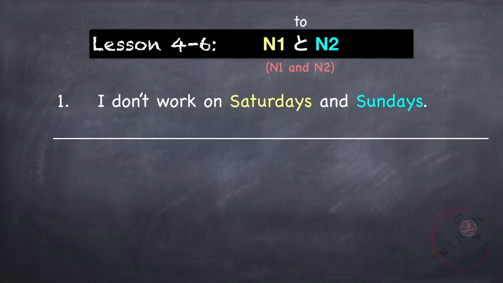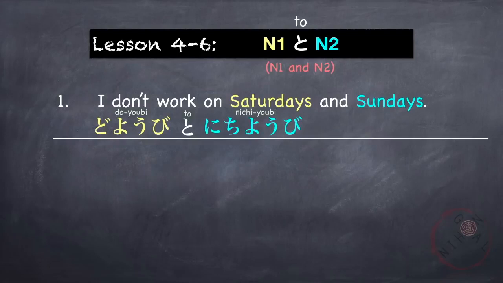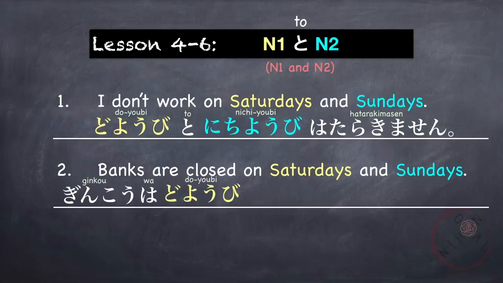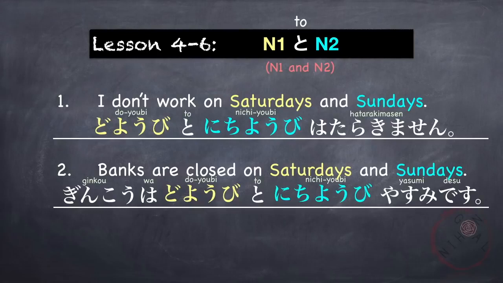Saturday is 土曜日 と Sunday is 日曜日。土曜日と日曜日働きません。Don't work is 働きません。Another example is banks are closed on Saturdays and Sundays. 銀行は土曜日と日曜日休みです。休み is break or holidays.